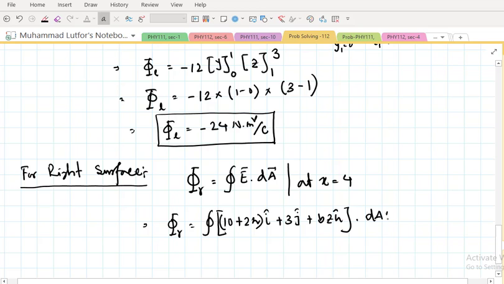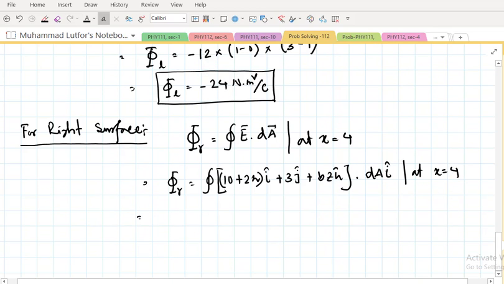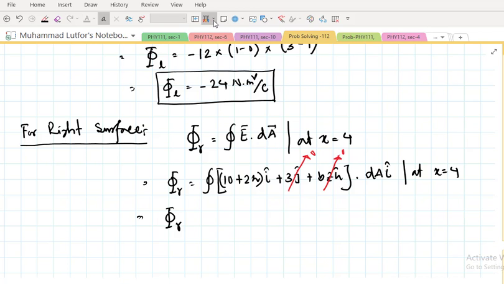This will be i hat at x equal to 4 meter. Fine. Now what will be that phi r? In the same logic, I can cancel out this term, it must be going to 0, and this one would also be 0 because j dot i and k dot i are basically 0.